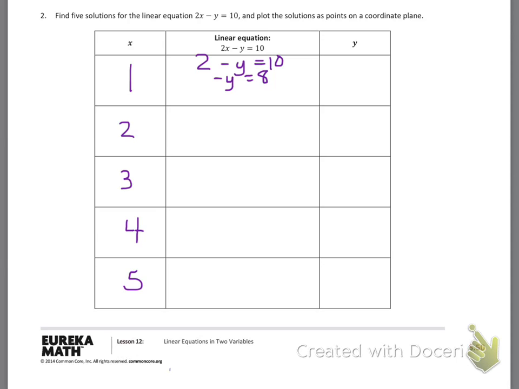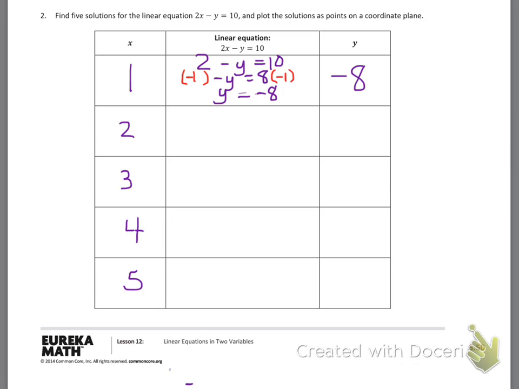And if negative y is equal to 8, then y is equal to negative 8. I could think of that as multiplying both sides by negative 1, which I can do, the property of equality for multiplication. Multiply each side by negative 1, I get y is negative 8. All right, so there's one solution.